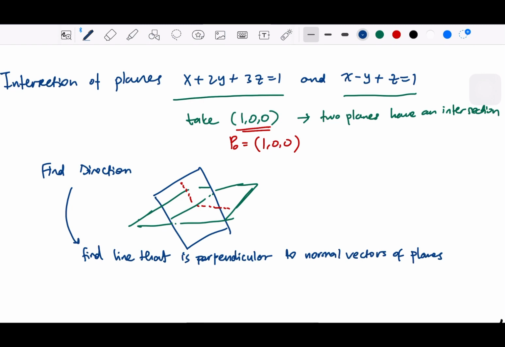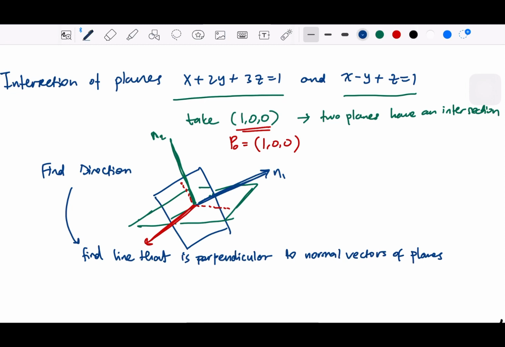Let's say one normal vector is going here, and another one is going here. We need to find this line here, which is perpendicular to both normals, n1 and n2. So basically, this is also a cross product.